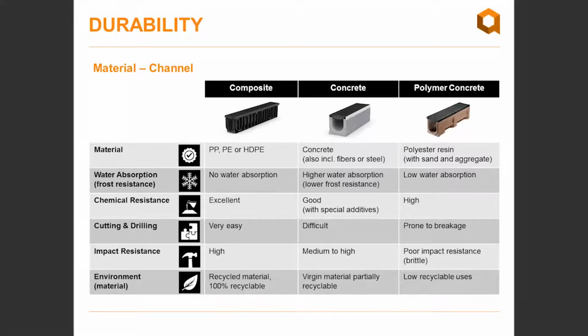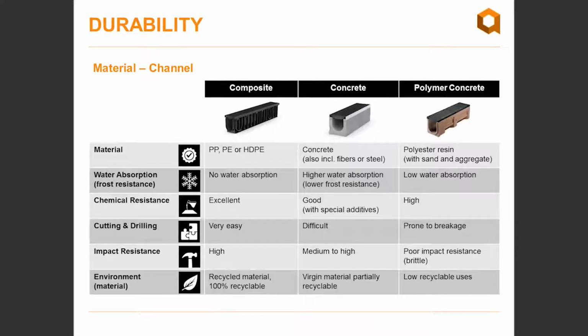If we compare the water absorption, which is an indicator of frost resistance, the composite has no water absorption, so very good frost resistance. The concrete has a higher water absorption, so lower frost resistance. It is suitable for cold climate as well, it's just that it can absorb a little bit of water. The polymer concrete has a low water absorption.